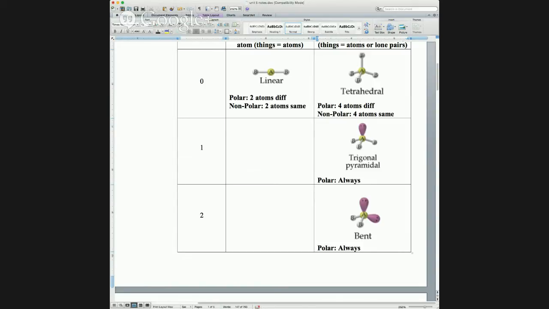So I wonder if actually drawing this on the bamboo paper is going to be helpful. Let's take a look. So we could do like this. Atoms, lone pairs, shape. Okay. So if there are 4 atoms, 0 lone pairs, it's tetrahedral.